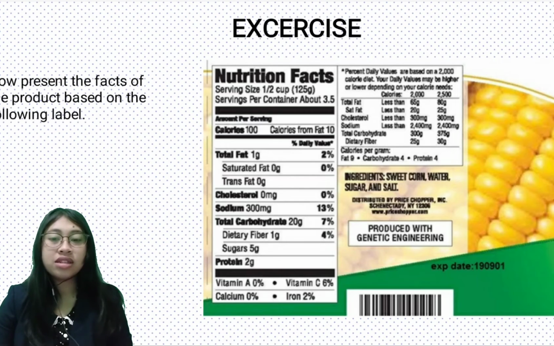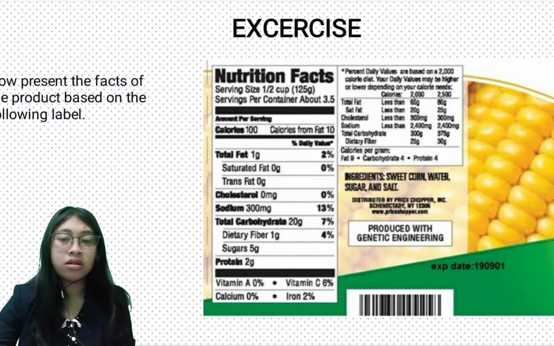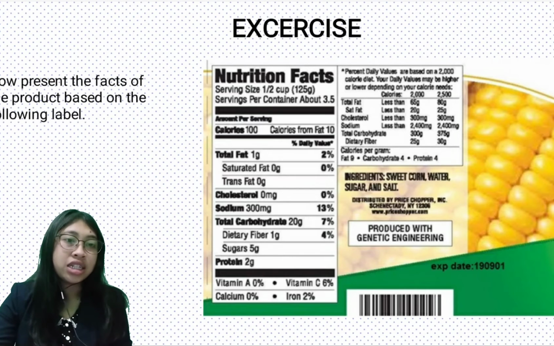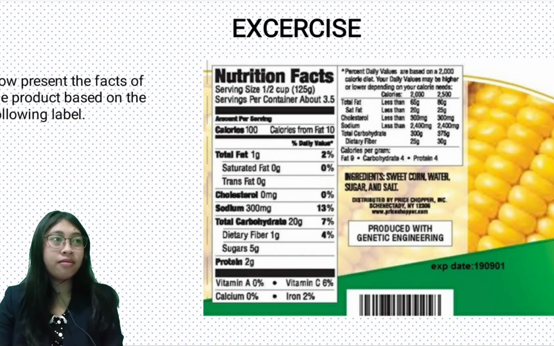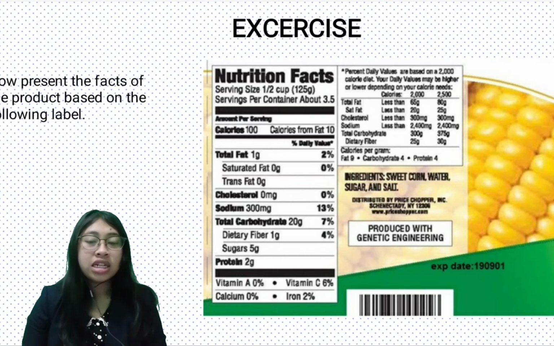Alright students, the time is up. Now I will call randomly which group will perform in front of the classroom. So please, group 2, present your discussion in front of the classroom with your friends. Alright, group 2 has already presented their discussion.